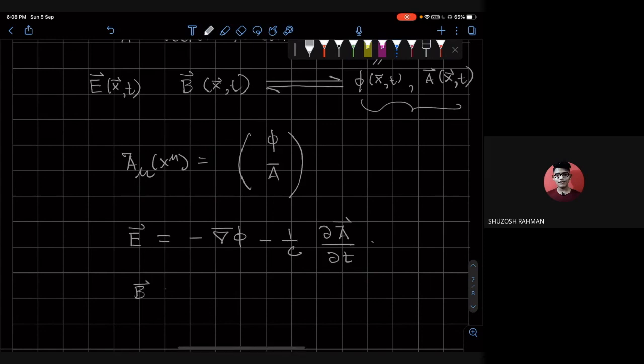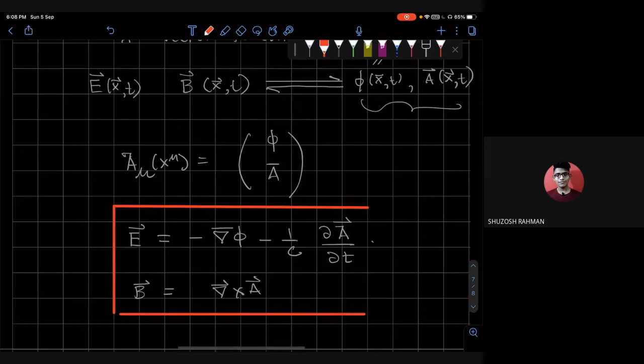And B is the same as the curl of A. So these are the equations that relate the electromagnetic field to the electromagnetic potential. Okay. So A and phi are essentially new actors whose roles are equivalent to E and B.